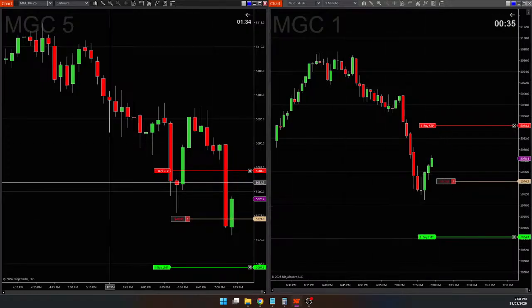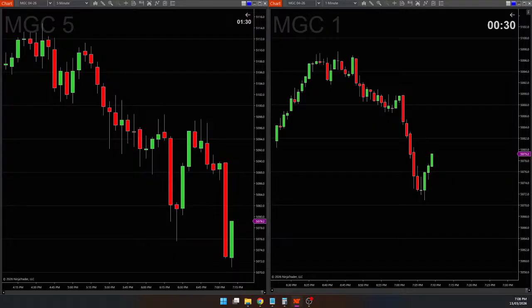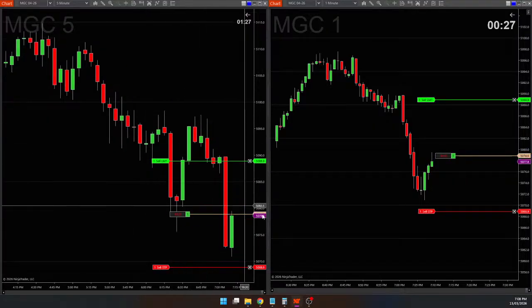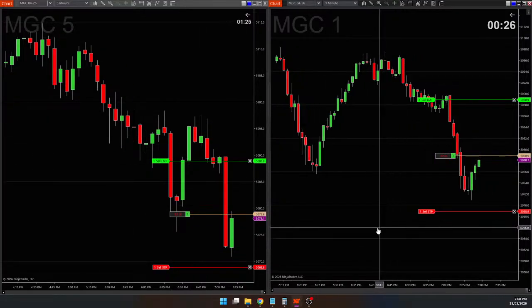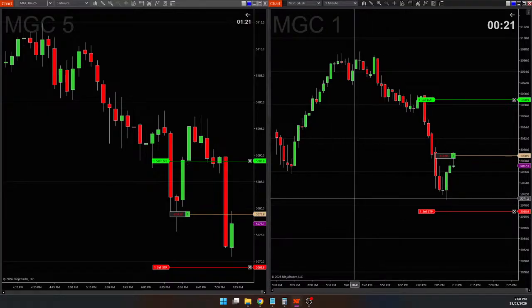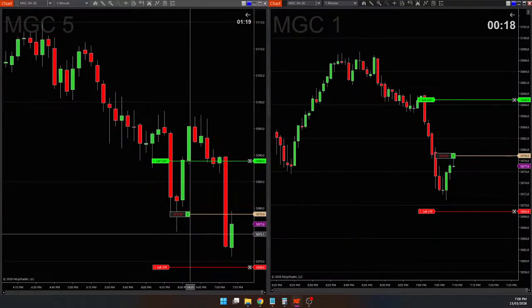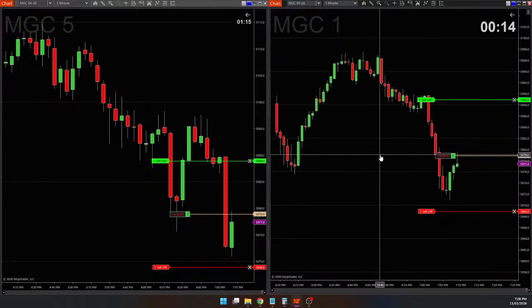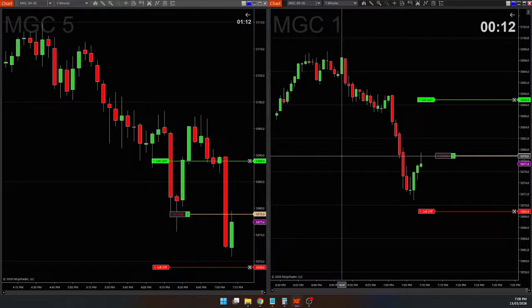My stop loss is going to be quite far away, so I'm going to close that. It's going to have to go lower. What's going to happen? Really just want to go long.